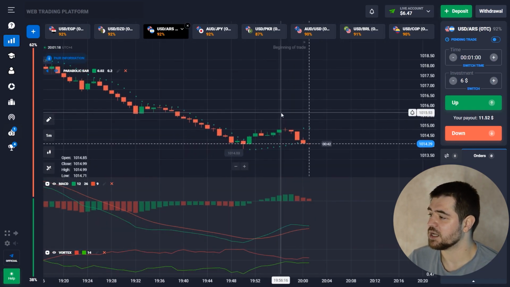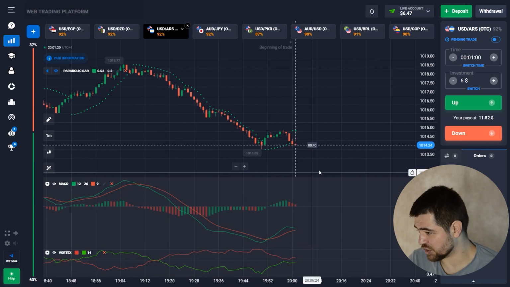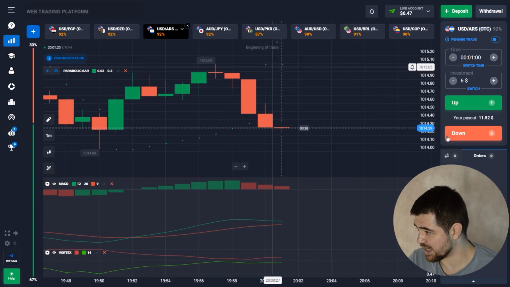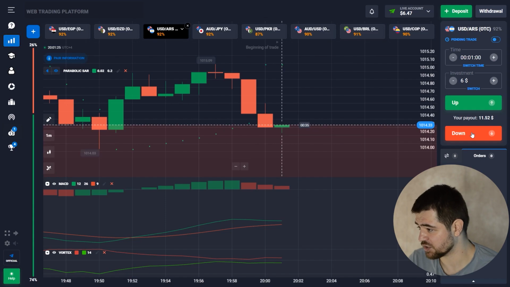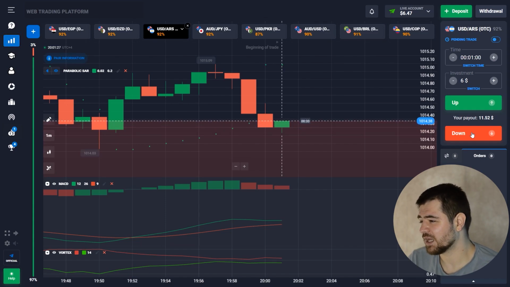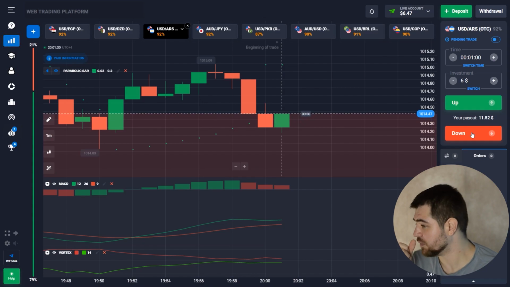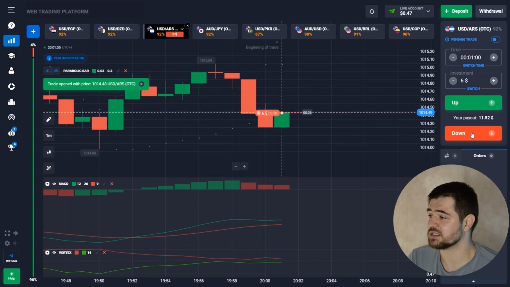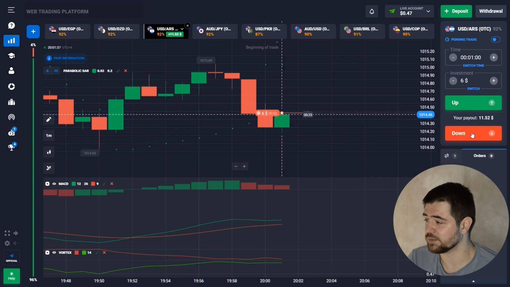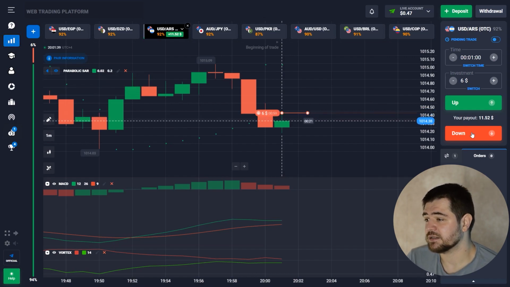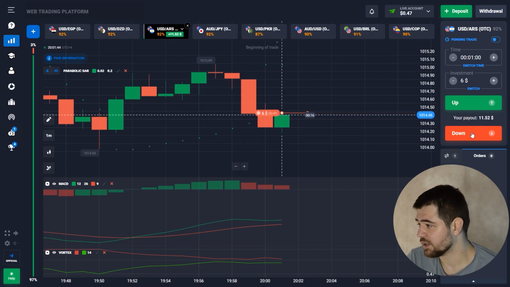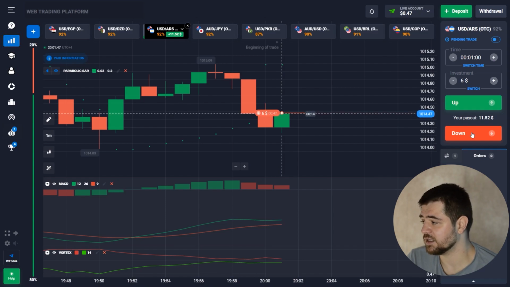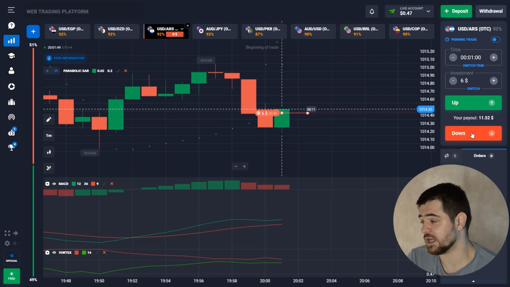So how about here? This is not a bad situation. As you can see, the vortex is showing also, I mean, still here we have the trend on the bearish side. Let's make that option a put option, and also the parabolic SAR is showing the indication that the price is going to go down.